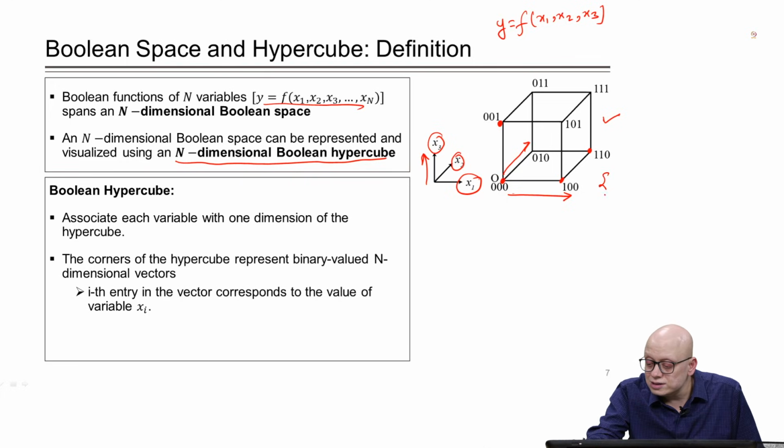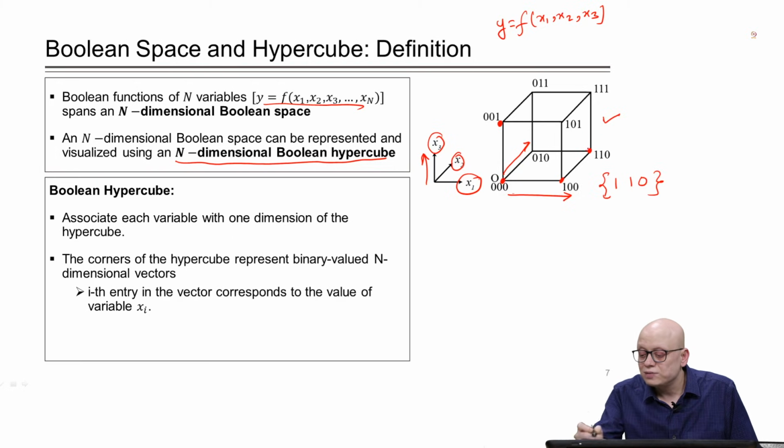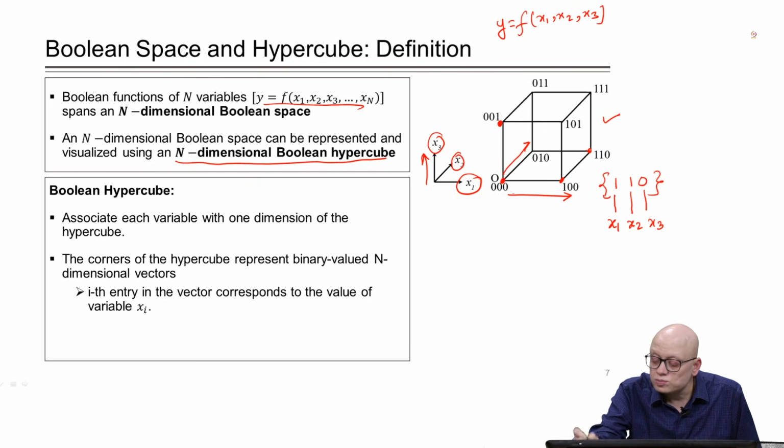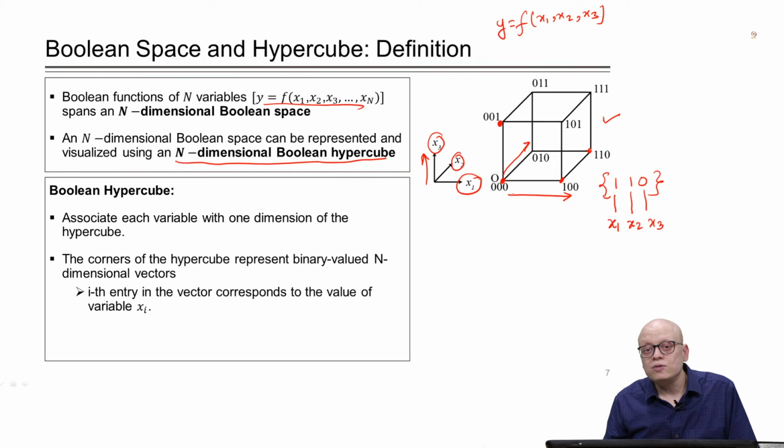So, if we consider the vector as 1 1 0 for this corner, then we associate the first one with x1, the second one with x2 and the third one with x3.